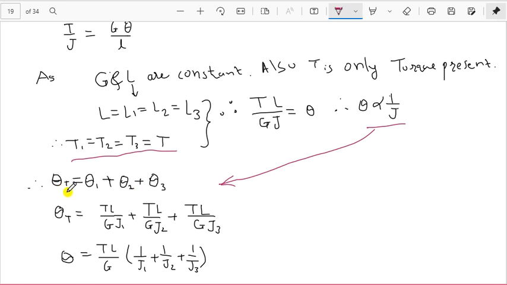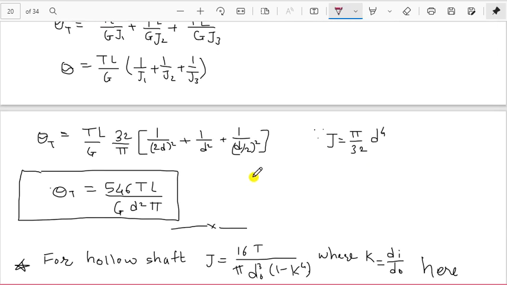From this equation we will write that the total shear deformation, or torsional deformation, or torsional deflection, will be equal to the deflection in the first shaft plus the second shaft plus the torsional deflection in the third shaft. So we will use this equation: TL by GJ1 plus TL by GJ2 plus TL by GJ3. Taking the constants outside, we will put the values for J1, J2, J3. You know that J is nothing but pi by 32 into D to the power 4.